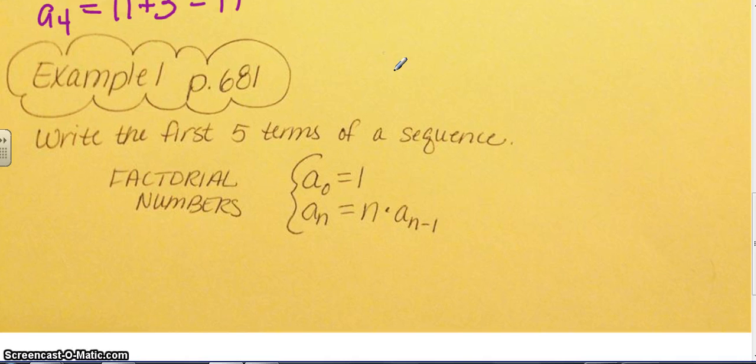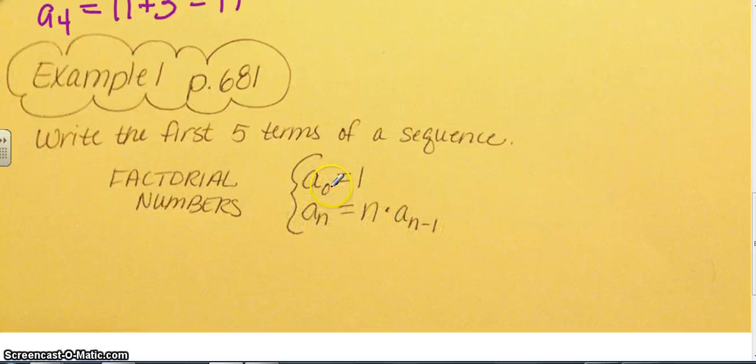A sub 0 is equal to 1, and a sub n is equal to n times a sub n minus 1. This means the term that came just before a sub n. So if a sub n was a sub 5, then a sub n minus 1 would be a sub 4.